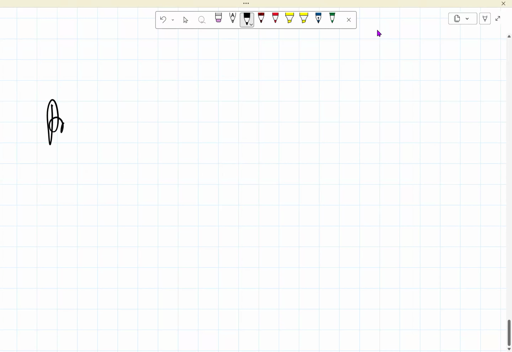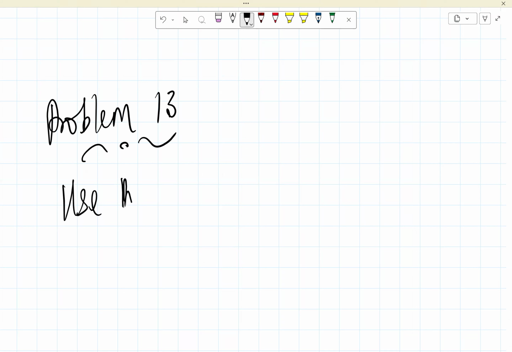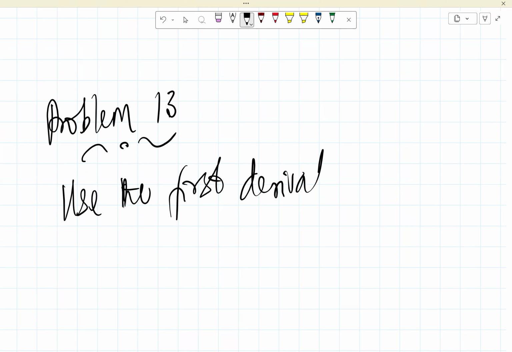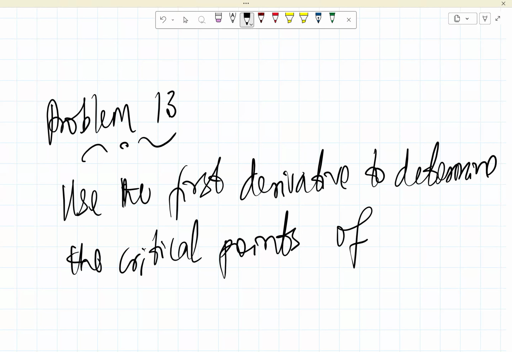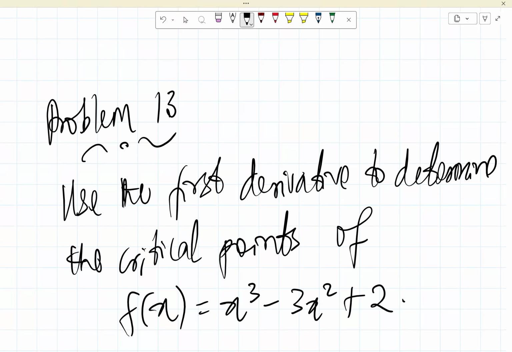So problem 13 says use the first derivative to determine the critical points of f of x equals x cubed minus 3x squared plus 2.